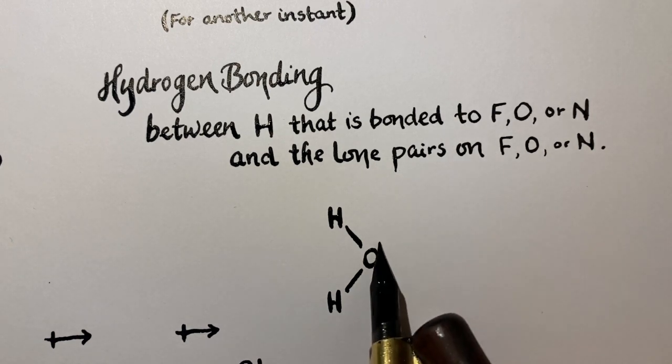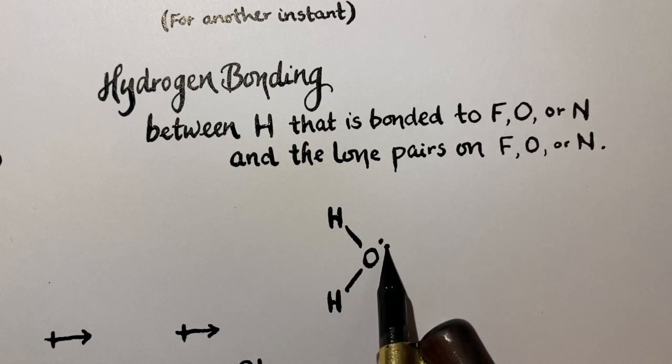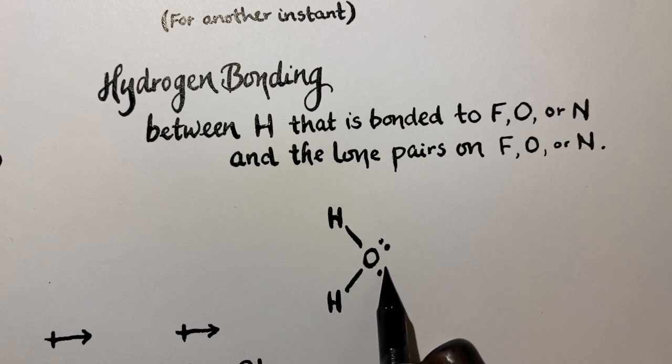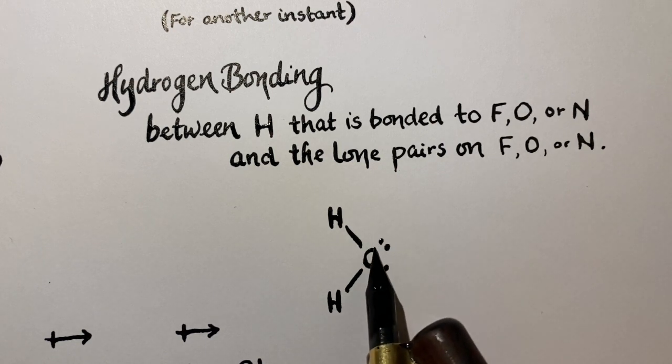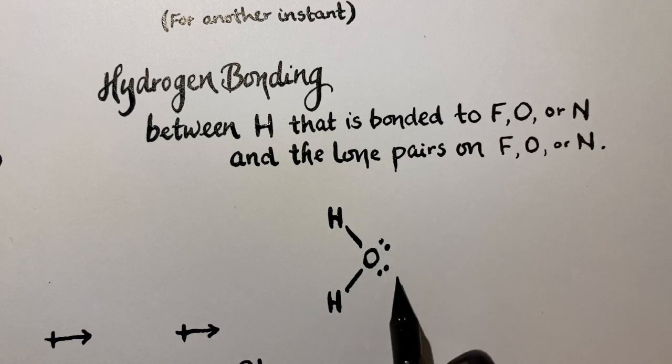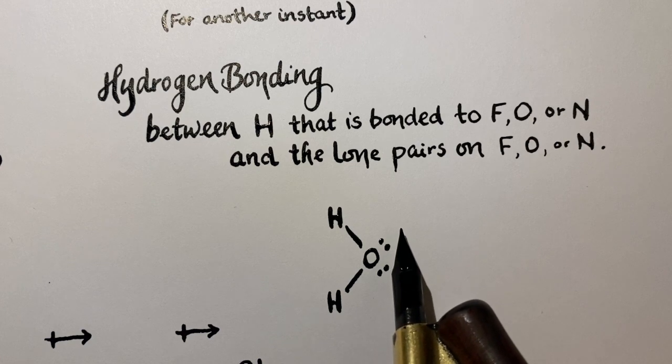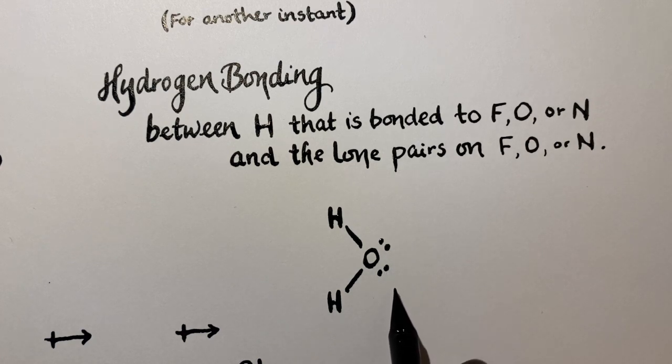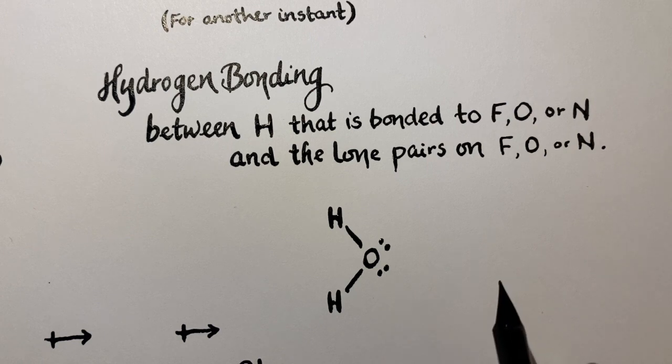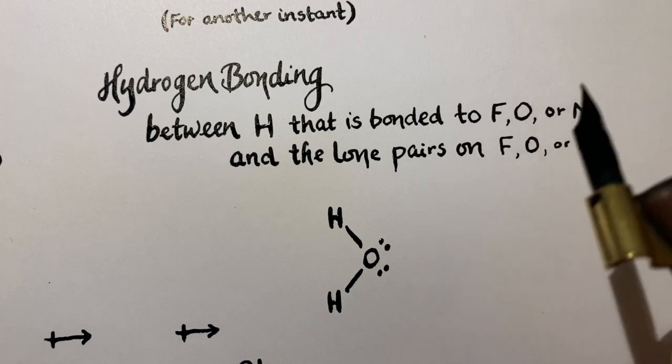Meanwhile, we've got these lone pairs. And lone pairs, of course, there's 2 electrons in this orbital here, 2 electrons in this orbital. So these are quite strong in terms of the partial negative charge. Right?